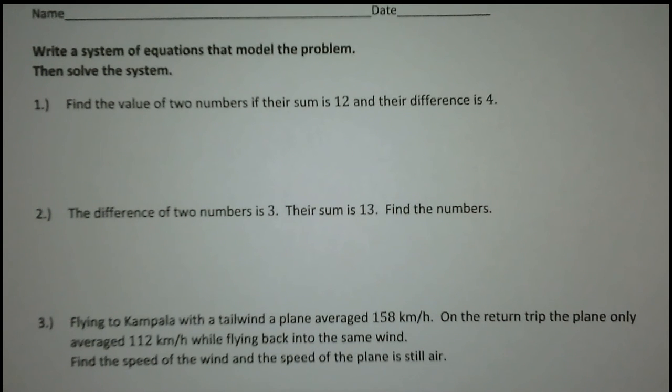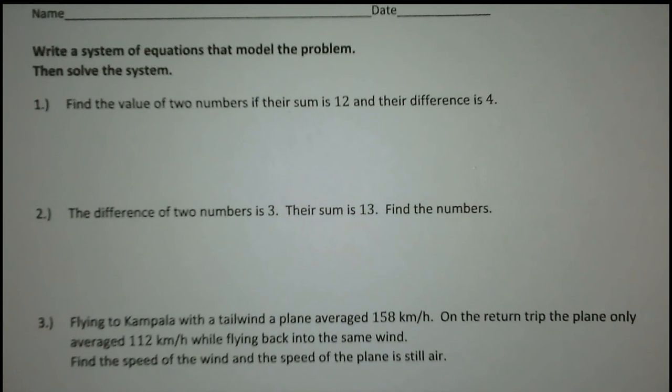Section 5.2 was when I would give you a system of two equations, and you would use the substitution method or the elimination method to solve for x and solve for y. And those algebraic methods were sort of shown, proven, I guess.